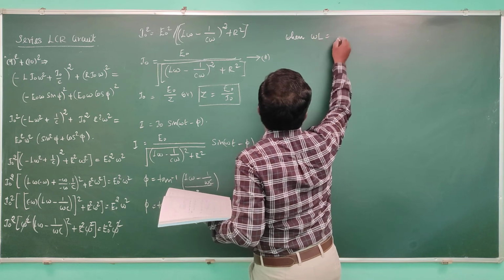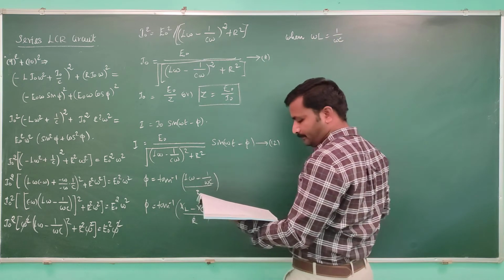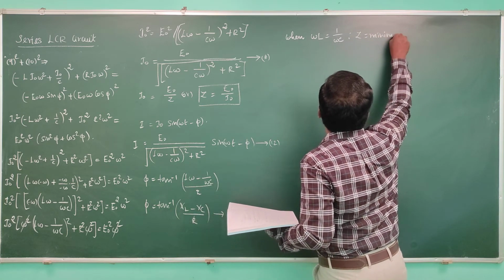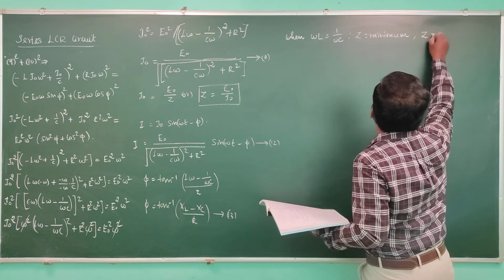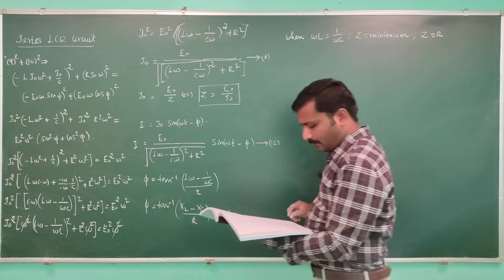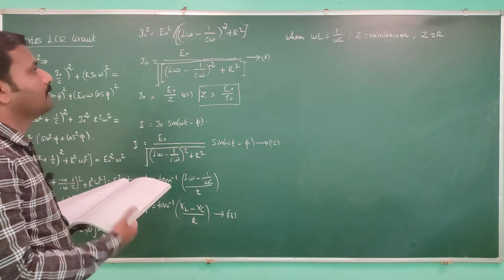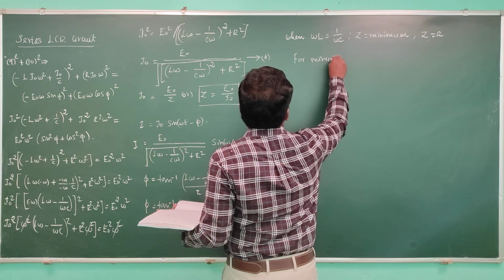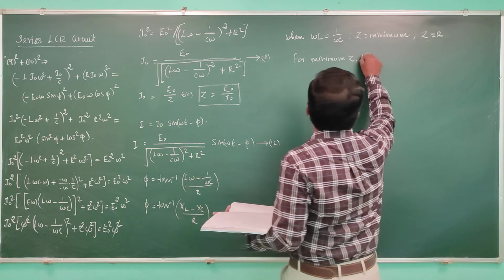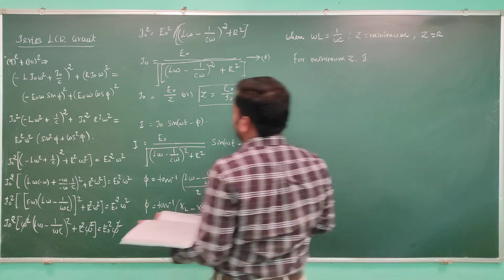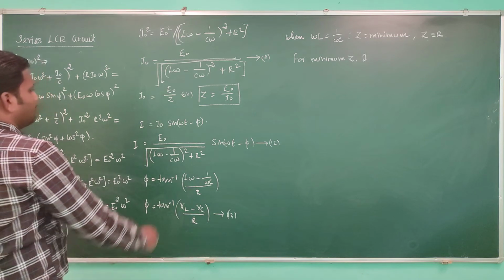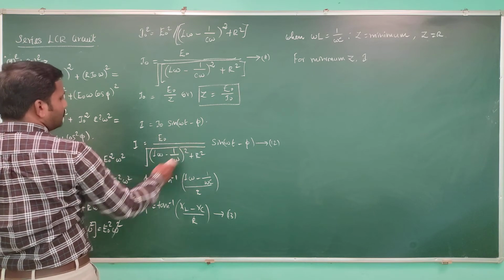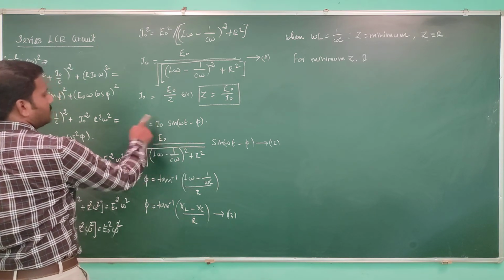When omega L is equal to 1 over omega C, Z is minimum and equal to R. Z becomes R. For minimum impedance, the current is E naught by R, which is nothing but I naught.